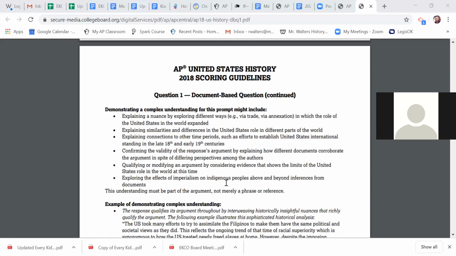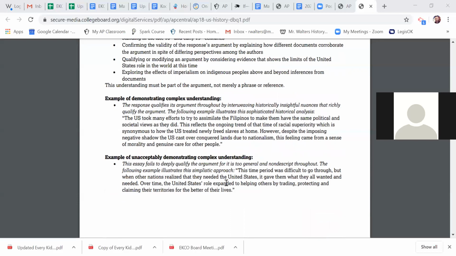So you're going to have to show some nuance, some explanation that, yeah, I'm talking about America expanding, but there's also some differences here in the way it expanded. It wasn't universal. It's not like it expanded in everything the same way. Let me give you an example. The U.S. took many efforts to try to assimilate the Filipinos to make them have the same political and societal views as they did.